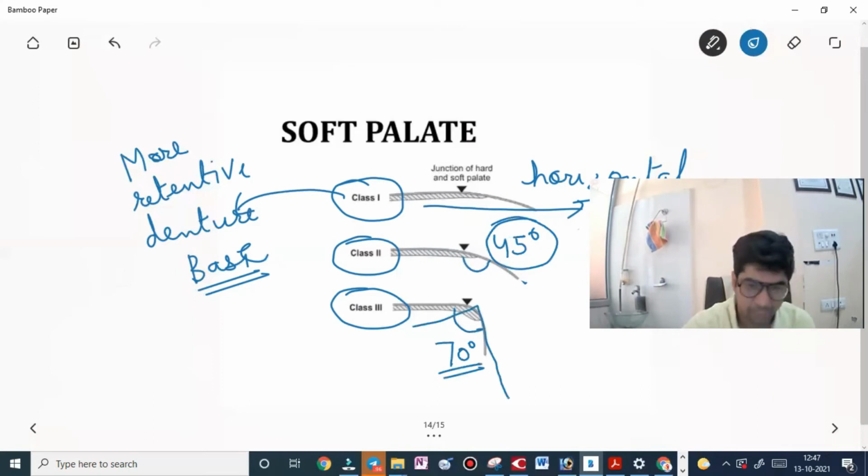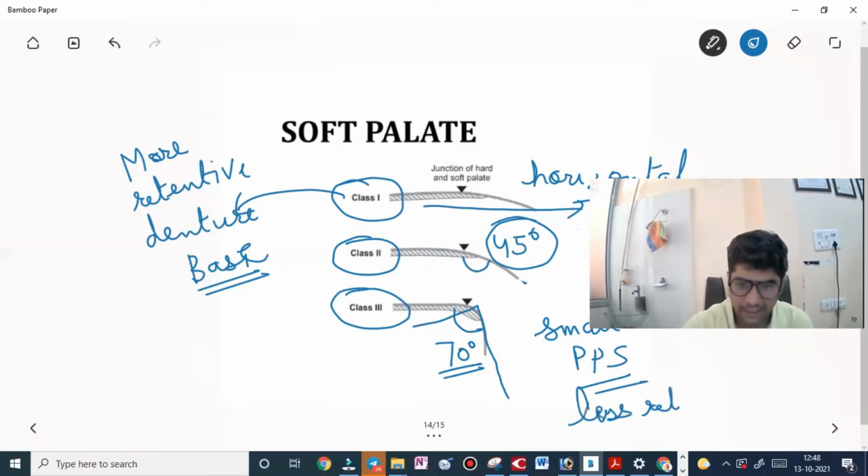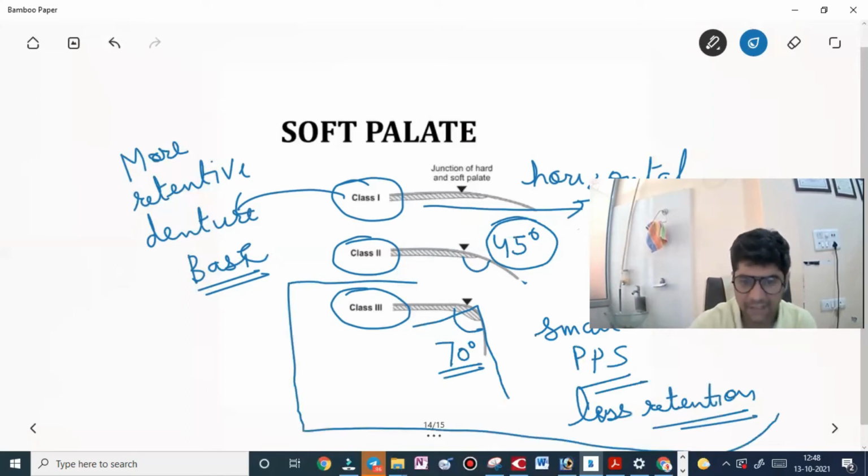So there will be a small PPS and lesser retention. So remember for your exam, in class 3 soft palate the angulation is 70 degrees and it will have a smaller PPS area with lesser retention.